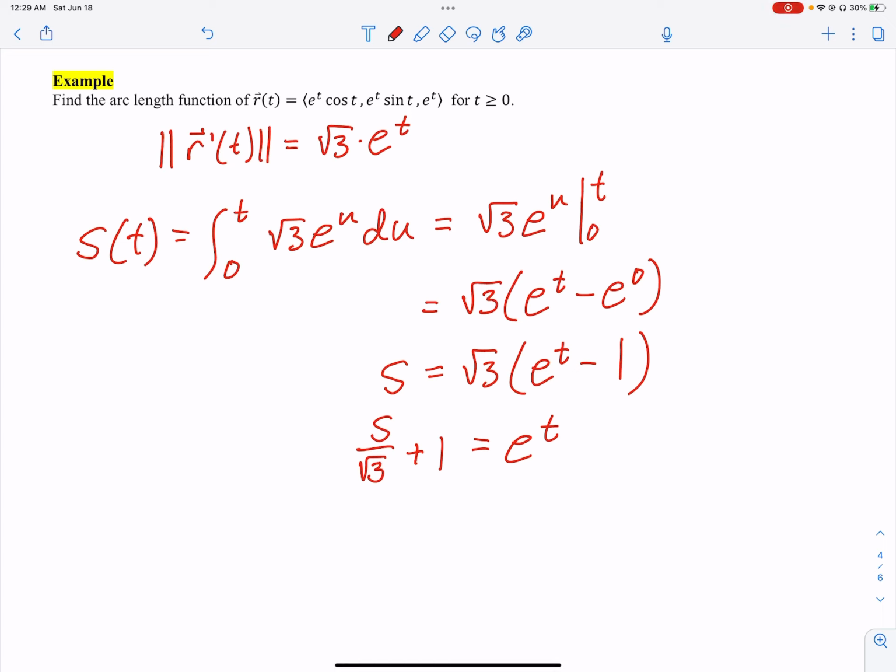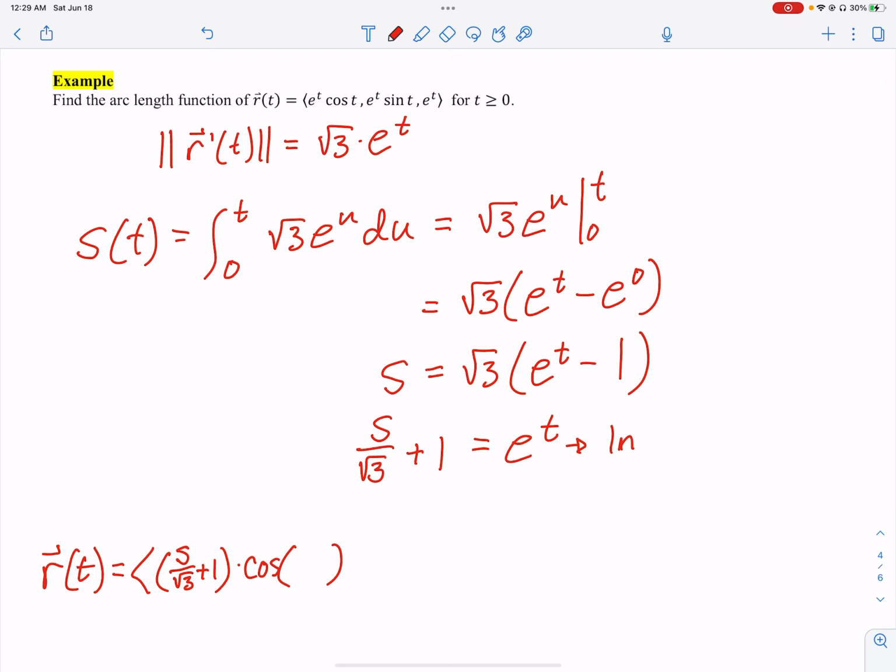All right, now if I were to go back and replace everything in my R function, let's do that. Everywhere there's an e to the t, I'm going to put s over rad 3 plus 1 times cosine, and then I've got to figure out what is t. Well, this is just an ln on both sides.